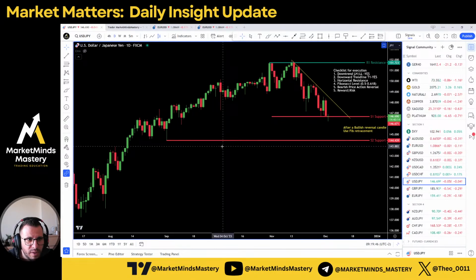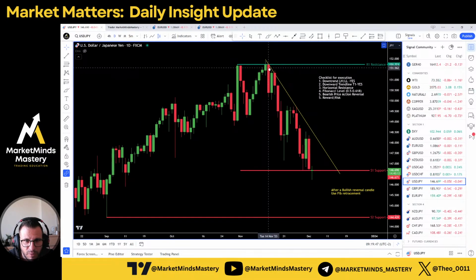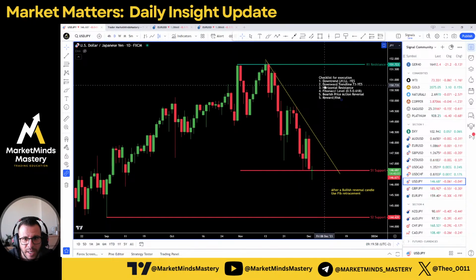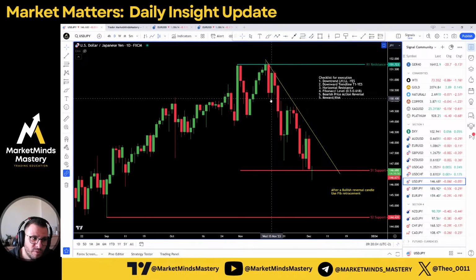So for me on the daily chart, this one is moving downwards because of the series of lower highs and lower lows. What am I looking for to enter short? First, I want an established downtrend with lower highs and lower lows. Okay, we have this. Second, I want to see a downward trend line that's already in place, or a price bouncing from the moving average.